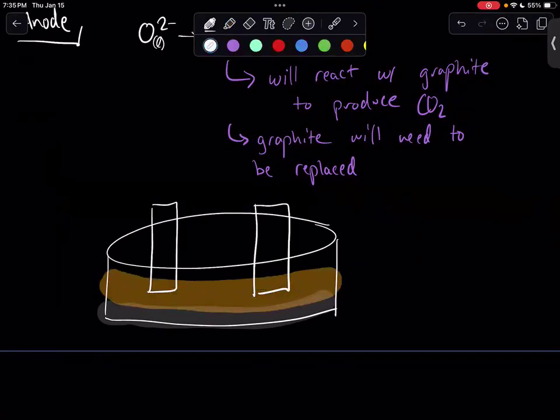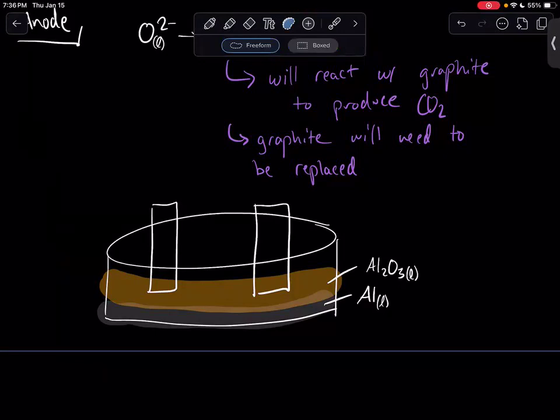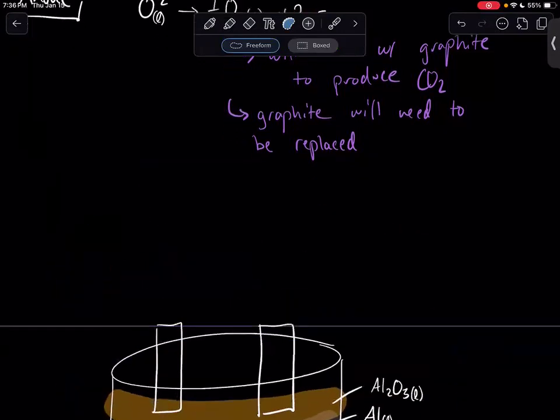So we'll go ahead and label these. This is the aluminum. It'll still be liquid, but as it gets deposited off the cathode, it will fall to the bottom, being more dense. This is going to be our Al2O3 in the liquid state.